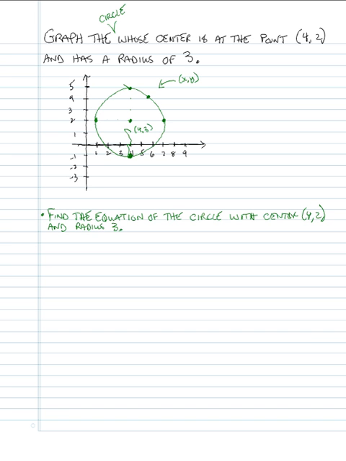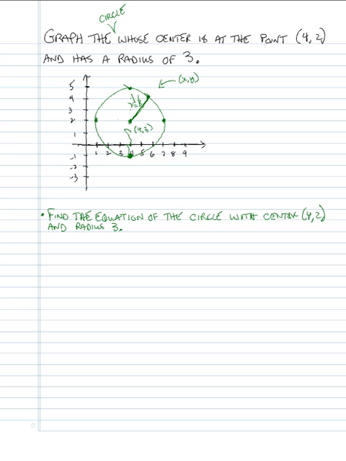Now, if I take any point that's on the circle, and I draw the line segment between the center and that point, well, that distance is called the radius, isn't it? And in this case, we know that the radius is actually 3 units. But that's also the distance between the center, okay?